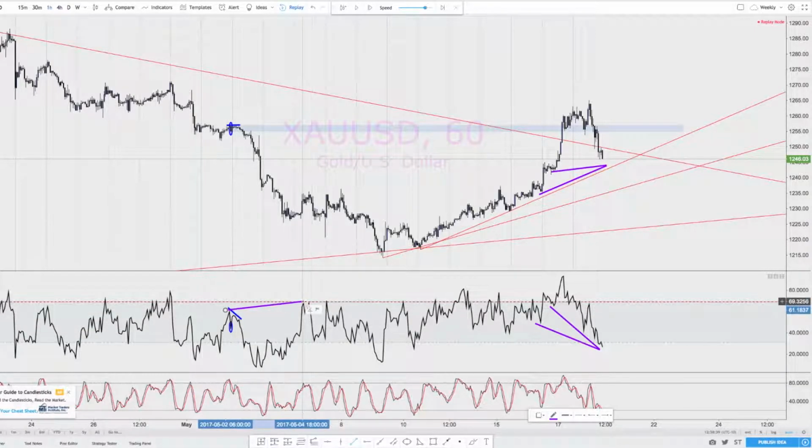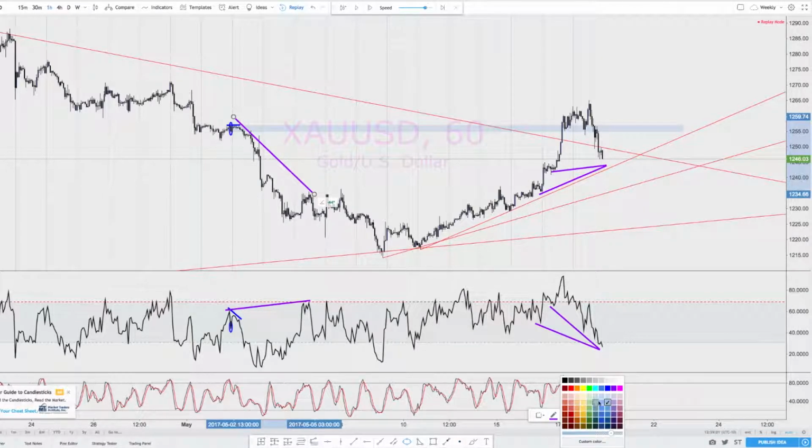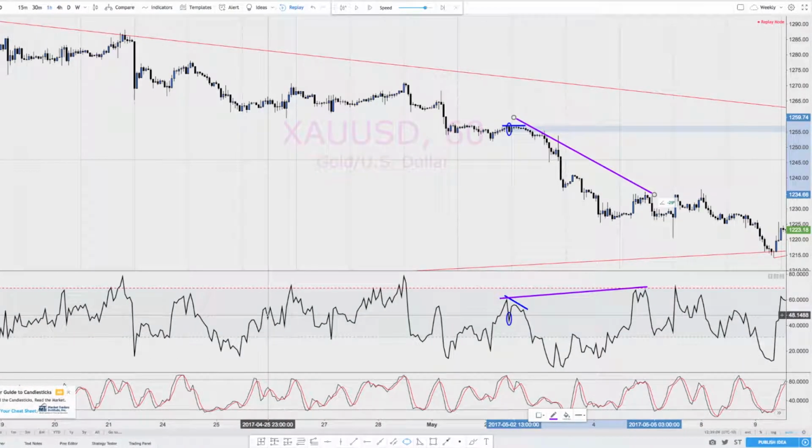Here on the chart, it is here, there, our zone. I use blue for regular divergence, and I use purple for hidden divergences.